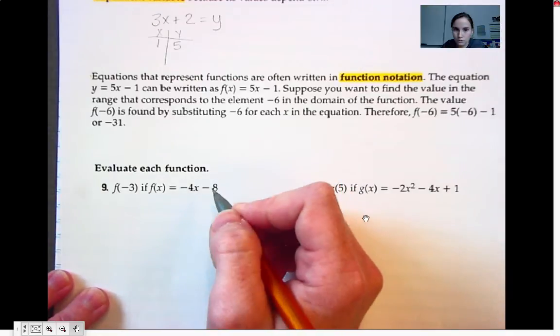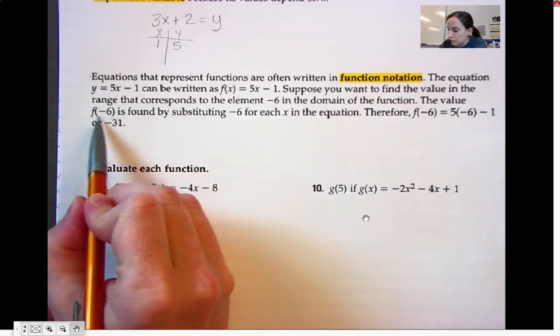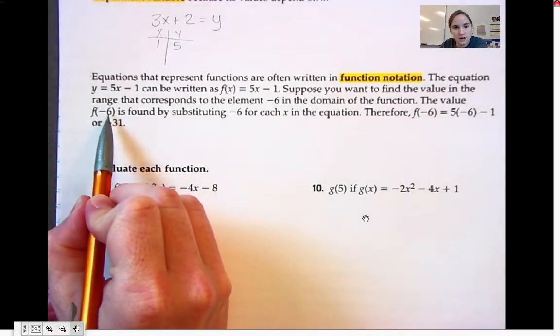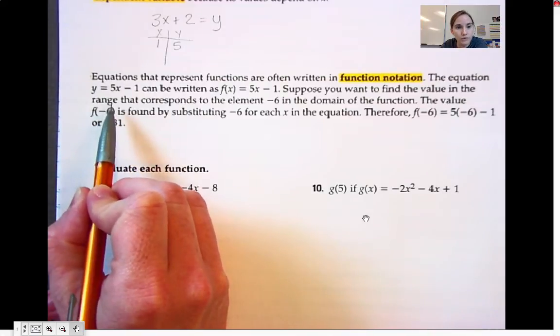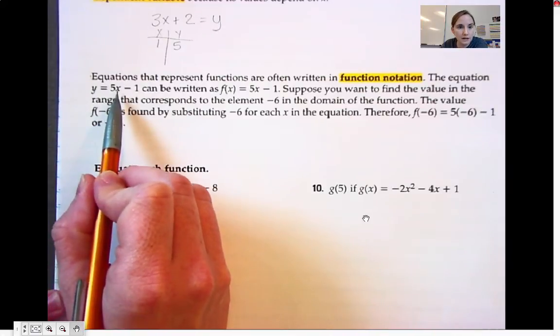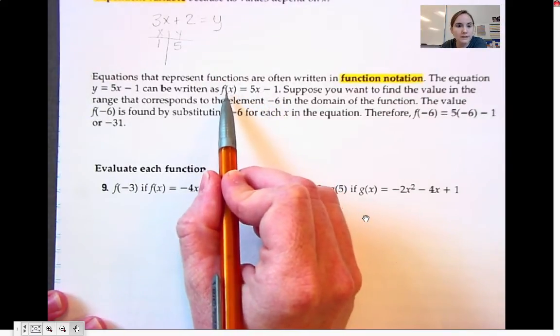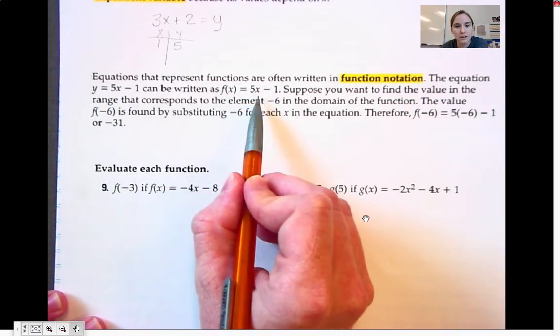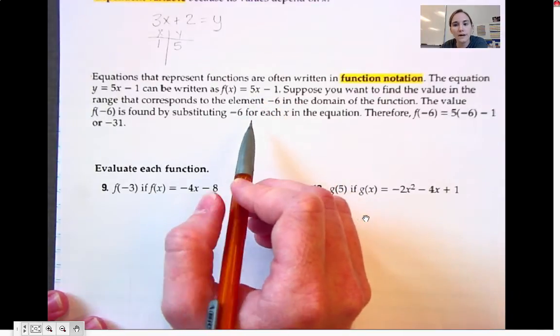There's many ways that you can read this. So if you see something like this, that means that our x value is -6, and we can plug it in for the function. Plug in the -6 and solve the equation to figure out what y is.